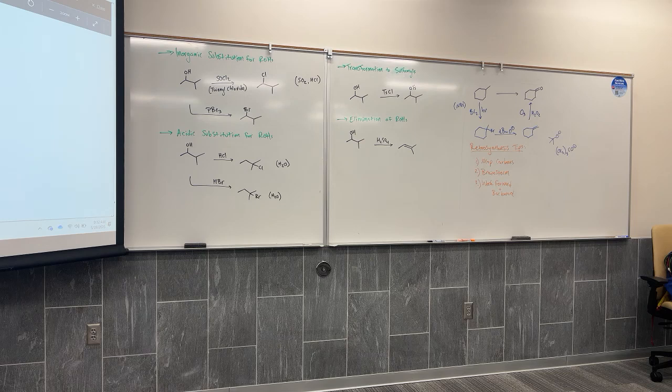I want to lay out the game plan for our next class period. First, try to tackle these mechanisms. You've got substitution or elimination, substitution or elimination. These are first order reactions. No, you know what? I've got this wrong.